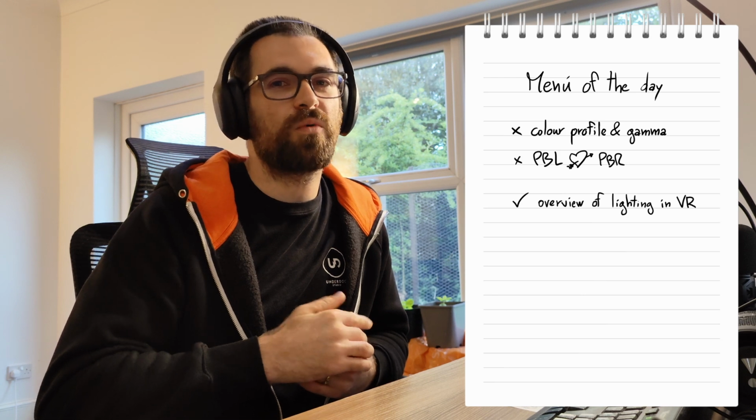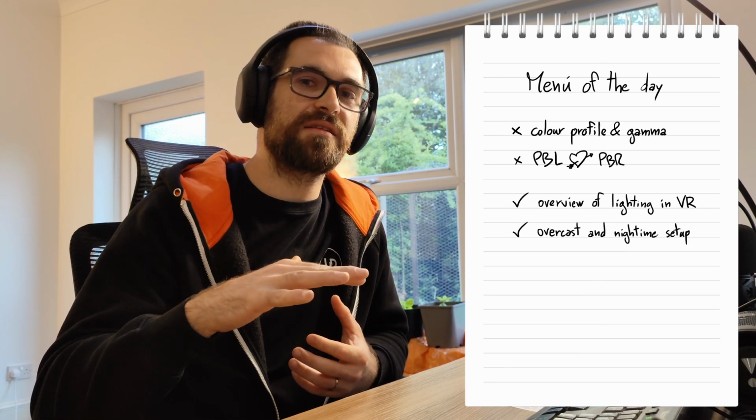We will go through a quick setup of an overcast condition and nighttime condition. We will talk about emissive for physically based lighting, and that's it really. Then we will give you some anticipation on what we will talk about in the next episode. So let's go through these topics and let's start from VR.